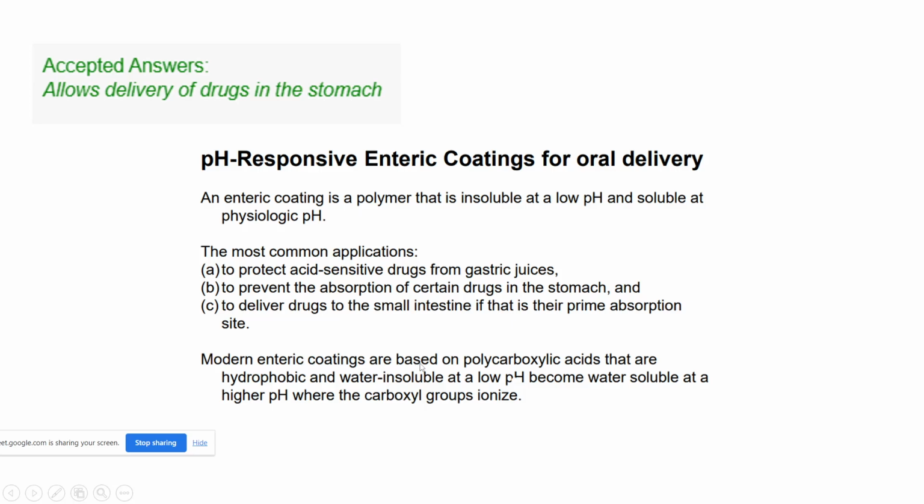Modern enteric coatings are based on polycarboxylic acids that are hydrophobic and water insoluble at a low pH and become water soluble at a higher pH. So allows delivery of drugs in the stomach will be the correct option.